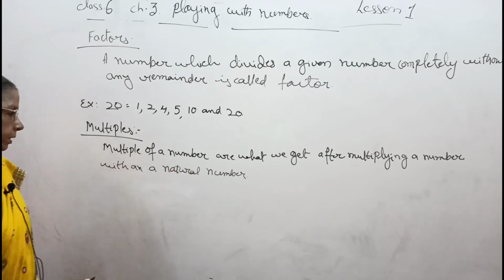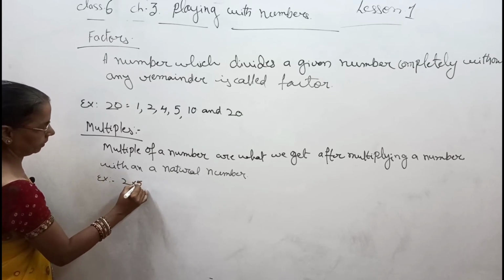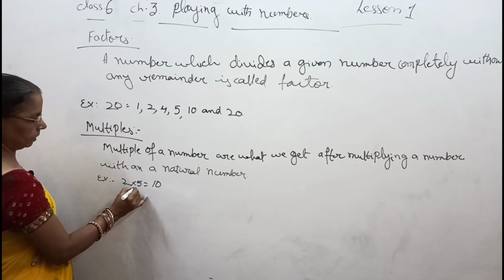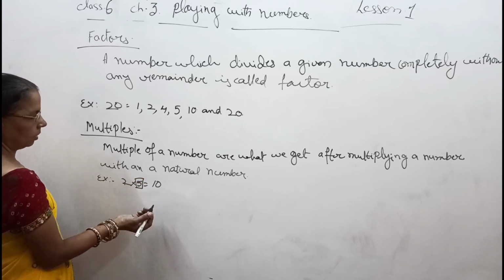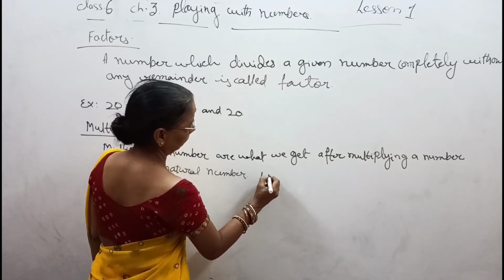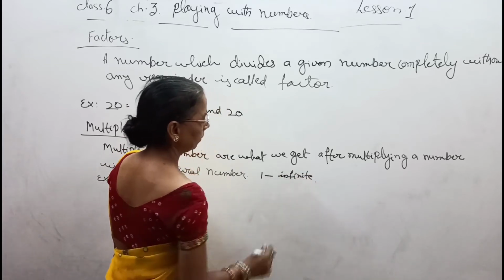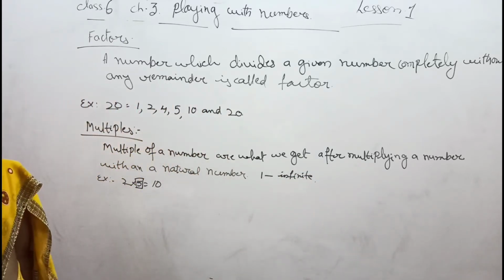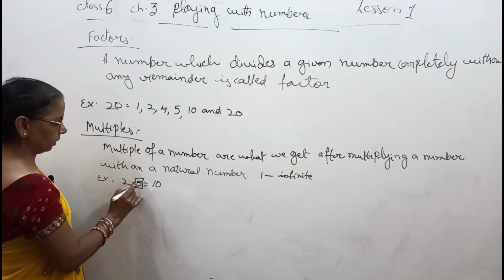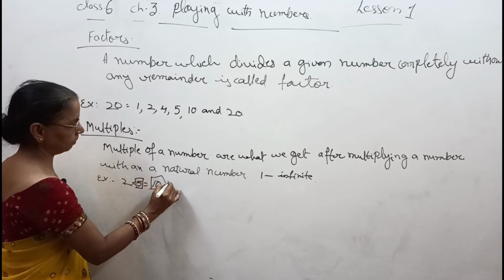Example, 2 into 5, then we get 10. I told you in earlier classes that natural numbers start from 1 to infinity. After 1, any number we use is a natural number. If we use 5, it is a natural number. 2 into 5, we get 10. That 10 will be the multiple.